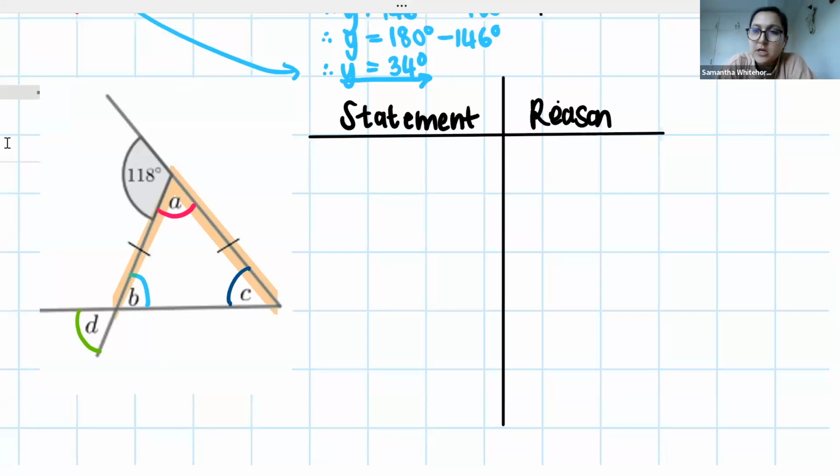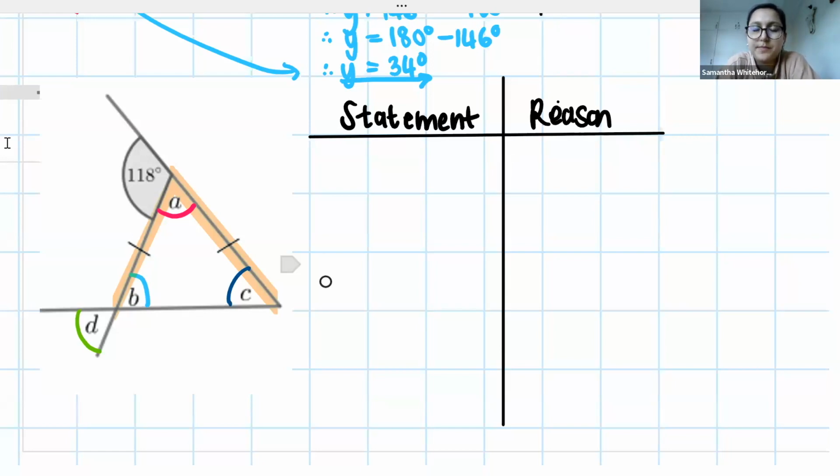And remember, it's just A equals reason, B equals reason, etc. Just think very carefully about what we have.